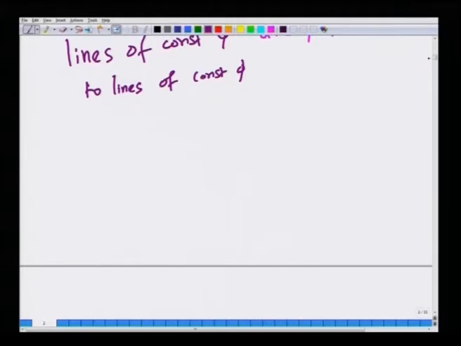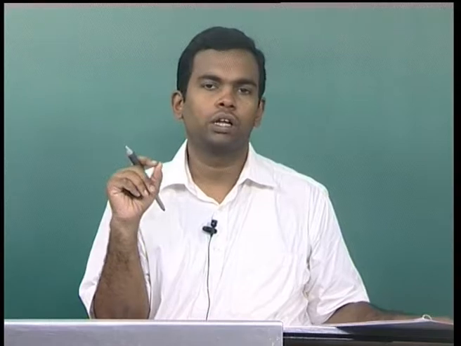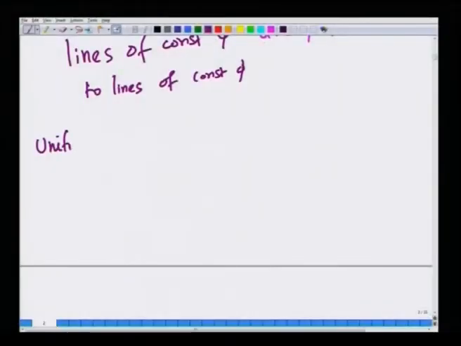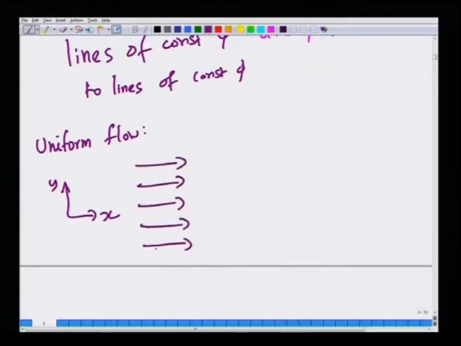So, this is something that we discussed. Then we proceeded to do two examples. We found out what is the potential and stream function for a uniform flow. A uniform flow is essentially a flow in the xy plane where the flow is constant in the x direction, there is no flow in the y direction. So, u equals u and v equal to 0, and we found that the potential is u times x and the stream function is u times y.